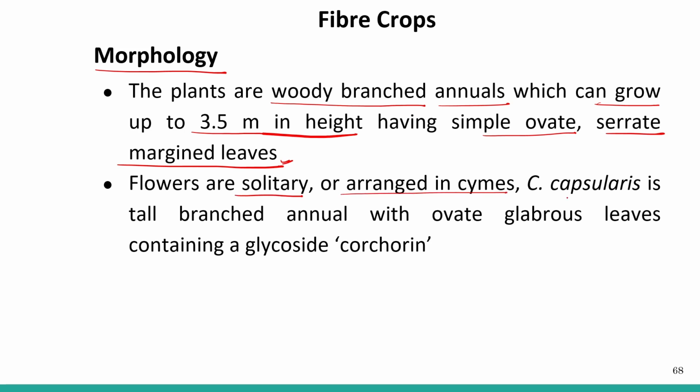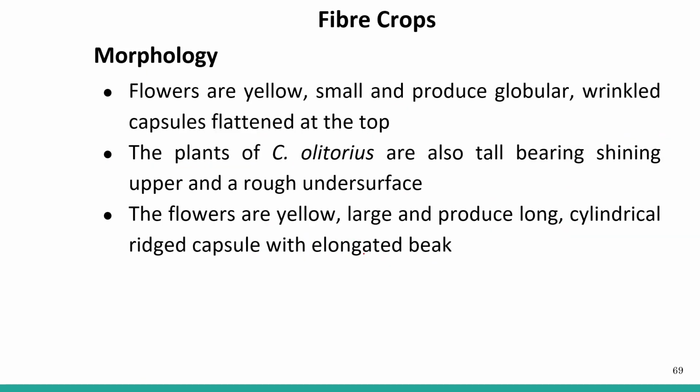Corchorus capsularis is a tall branched annual with ovate glabrous leaves containing a glycoside, that is corchorin. So this is one of the important chemicals that can be obtained from this. This can also be asked, right? So just remember this. This is a glycoside that can be isolated from the Corchorus species, that is Corchorus capsularis.